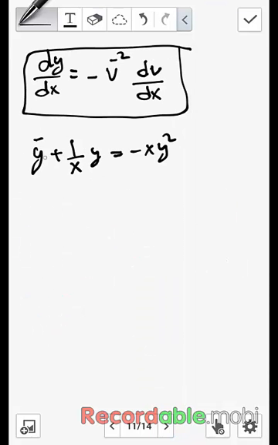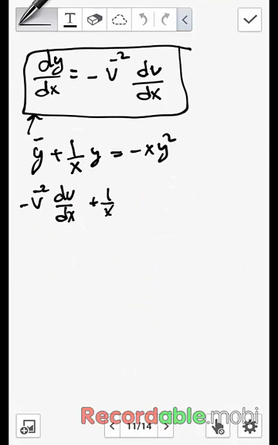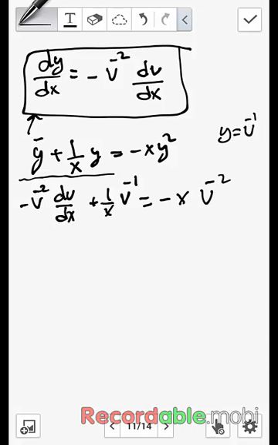If we substitute y prime by this term, we get minus v to the power of minus 2 dv by dx plus 1 over x times y. We defined y as v to the power of minus 1, equal to minus x y squared. As we said, y equals v to the power of minus 1, so y squared will be v to the power of minus 2. So I get this equation.